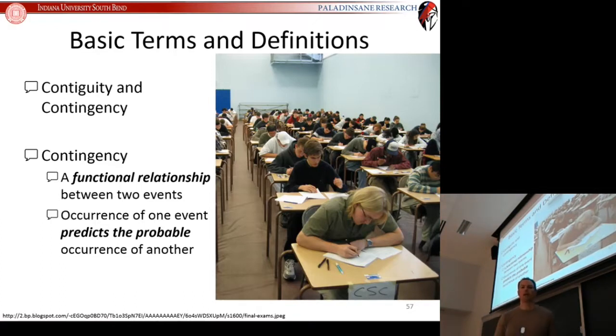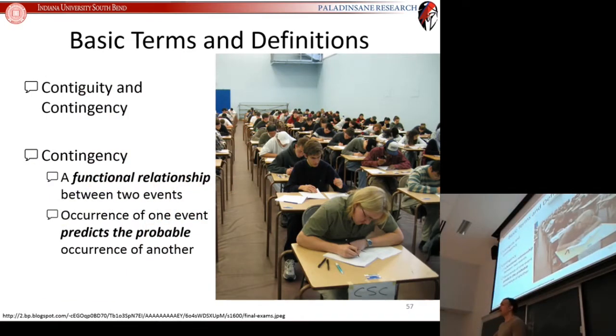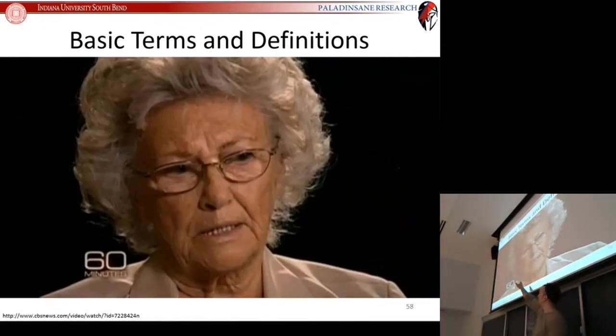One contingency that we've seen is that if you break the law, you increase the probability of getting arrested. Breaking the law predicts the probable occurrence that you're going to get arrested. And we saw it with this individual here.